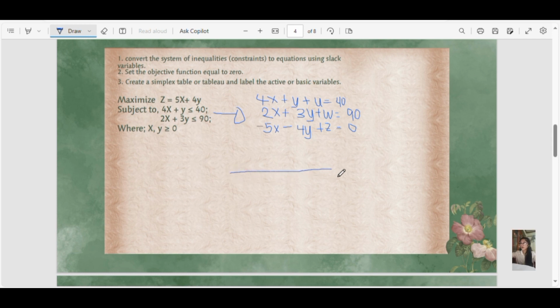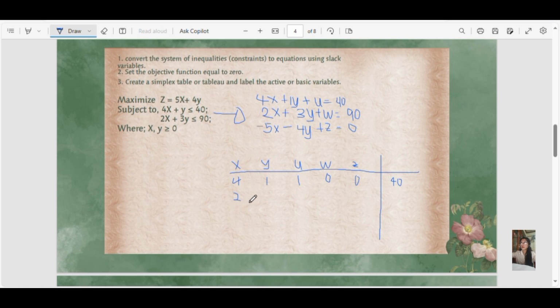Let's create the initial table. Label the active or basic variables: x, y, u, v, and z. So let's write it: x is 4, then 1 for u, and w is 0 because there's no w and z in the first constraint.